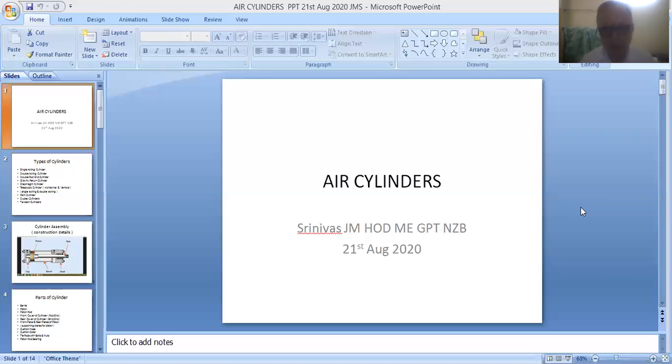Cylinders are also called motors, and they are also referred to as actuators. Items used in a hydraulic circuit are referred to as hydraulic cylinders, hydraulic motors or hydraulic actuators, and items used in pneumatic circuits are referred to as air cylinders, air motors or air actuators.